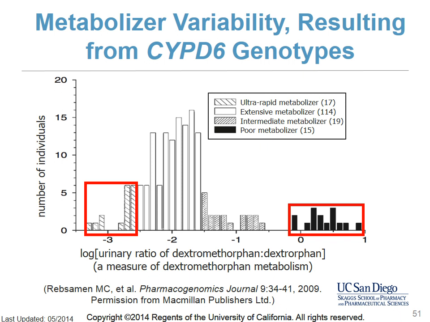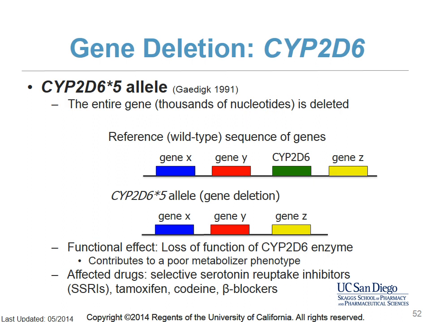What is the genetic explanation for these phenotypic differences? A gene deletion affecting CYP2D6 is one explanation for the poor metabolizer phenotype. The CYP2D6*5 allele is the result of a deletion which has eliminated the entire CYP2D6 gene. This is a polymorphism involving thousands of nucleotides.